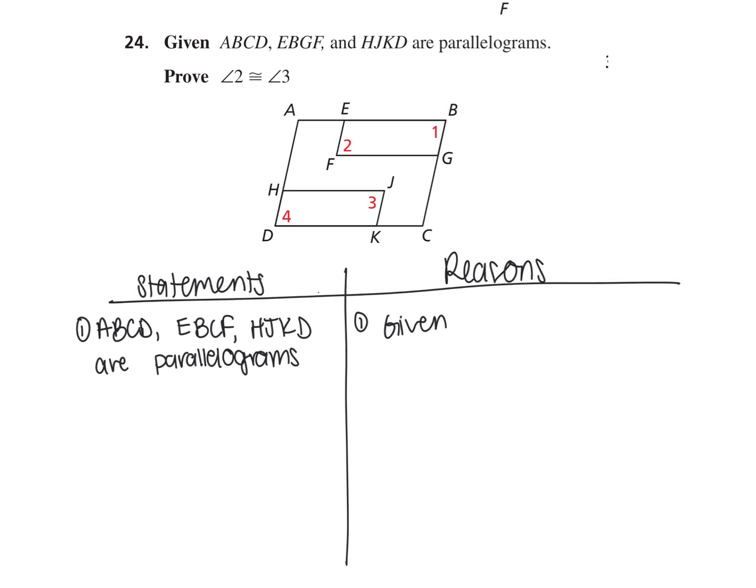Okay, I'm going to highlight all of my parallelograms. Keep in mind, it's telling me they are parallelograms, so I'm not going to have converse here. There are no converses because it says it is a parallelogram. Okay, it is a parallelogram. So they're telling me it's a parallelogram, so I don't have converse.